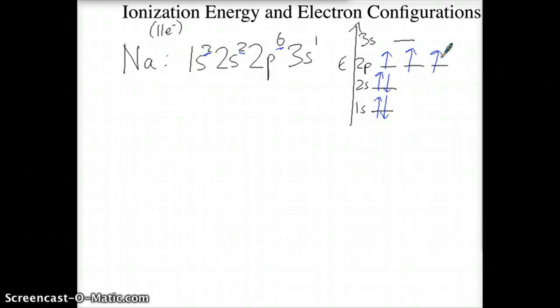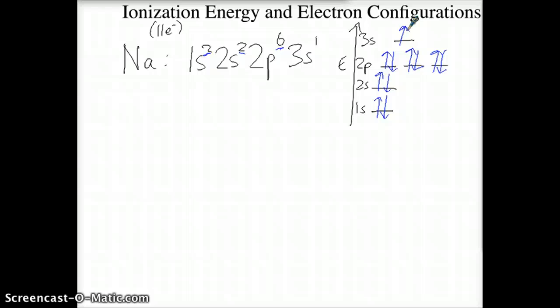Remember, each orbital needs to be occupied by 1 electron before we can start doubling up. Now my p orbitals are filled, so I have to go to the next available energy level, which is the 3s, and there's my 11th electron.